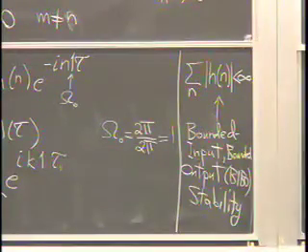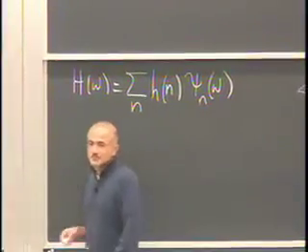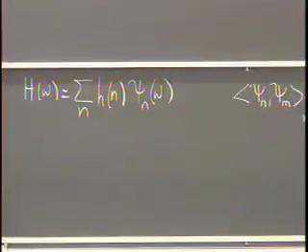So I have written h of omega as a linear combination of a bunch of coefficients and these functions. And I'm saying in whatever sense that I'm about to define in the near future, these functions are orthogonal. What's our standard method for finding the coefficient h of n? Inner product.